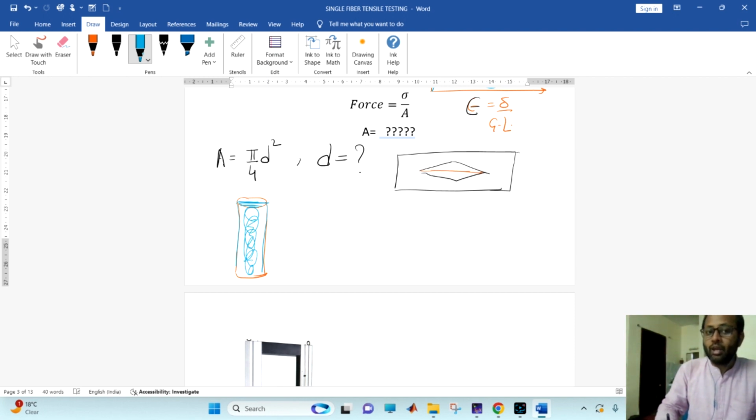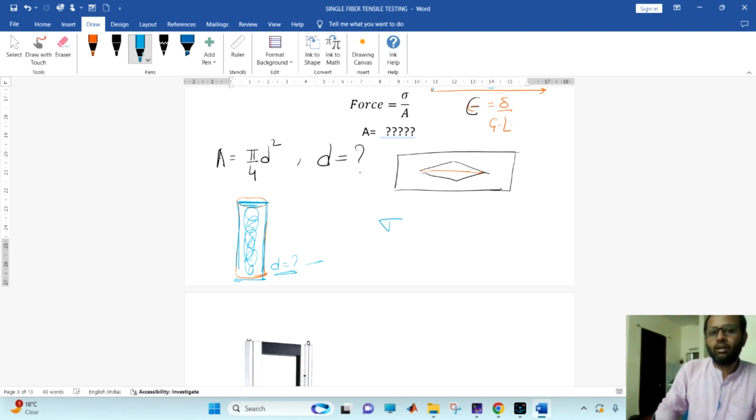So you have to reach up to the middle and capture the side lines very clearly so that you get the diameter nicely. If you go there in the microscope you will understand these things yourself. So you will get the diameter from there.